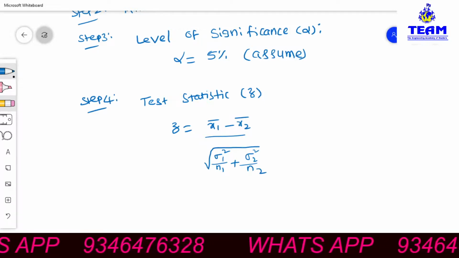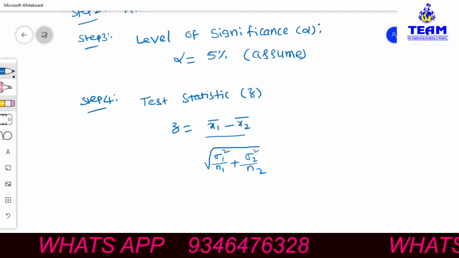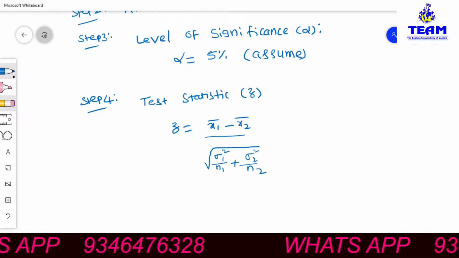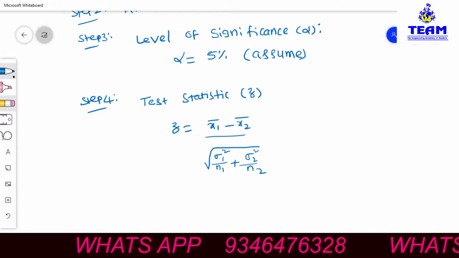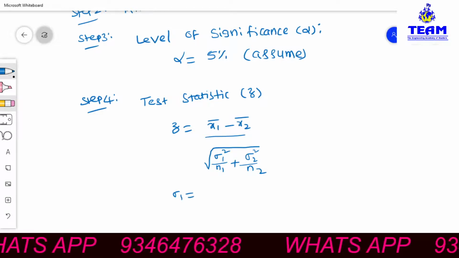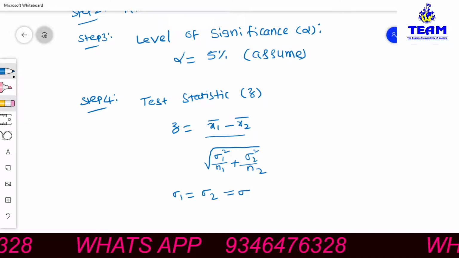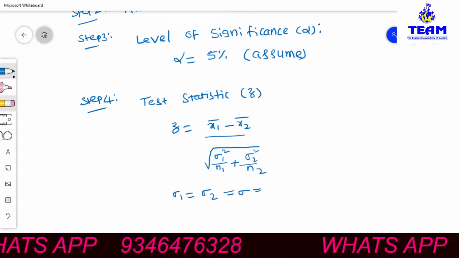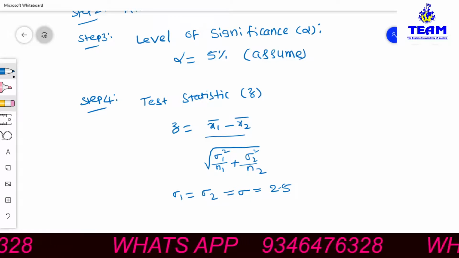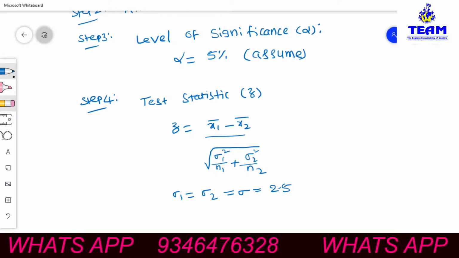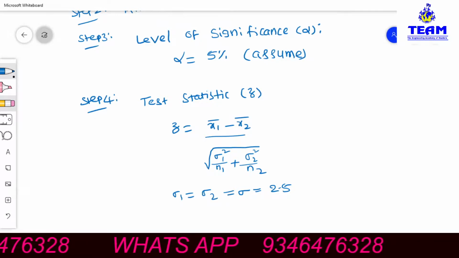Of course, here only one sigma value is given, so we can take sigma 1 is equal to sigma 2 is equal to 2.5 inches. When he doesn't give two values, we can equate both sigma values, that is sigma 1 is equal to sigma 2 is equal to sigma, that is 2.5.